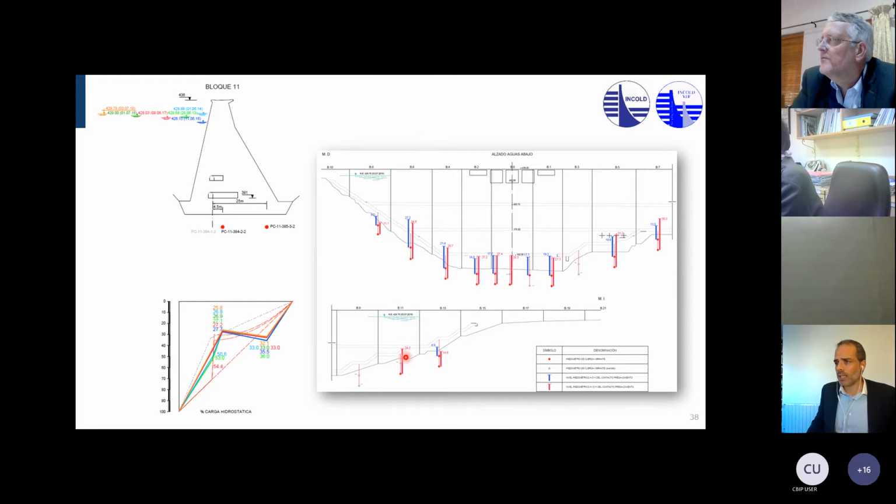So in this block, you can see that we have the pyramidal gallery that is connecting with this horizontal gallery. So that's why we have the horizontal gallery, and this is in the perimetry. This gallery goes from this abutment all the way down and up to this point. So it's this block, and these are the piezometers we have here.